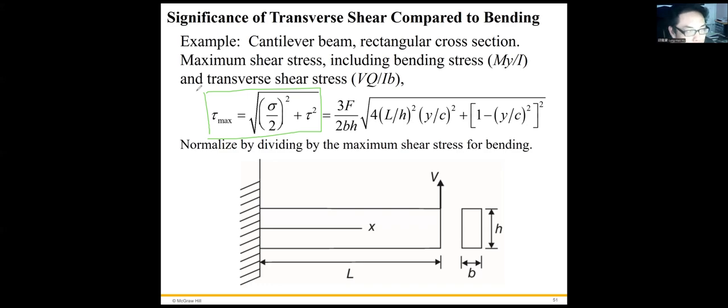So we plug those dimensions and the force in, and can find this equation. The h is the height of the beam, the b is the width, and the L is the length of the beam. The y is the distance above the neutral axis, and the c is the distance from the neutral axis to the top surface or the bottom surface.